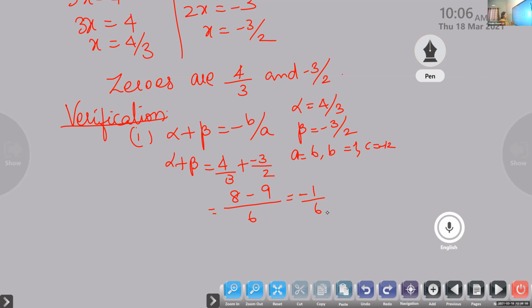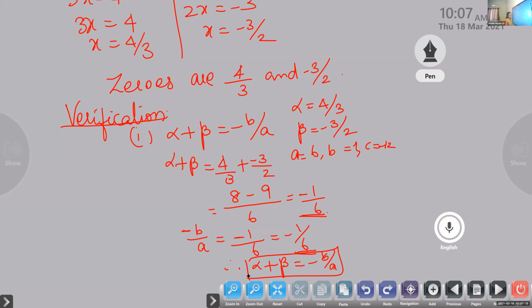Evaluate the other side, minus b by a. Minus of 1 by a, which is 6. So are we getting the same? Here also negative 1 by 6, here also negative 1 by 6. Therefore, alpha plus beta is minus b by a.